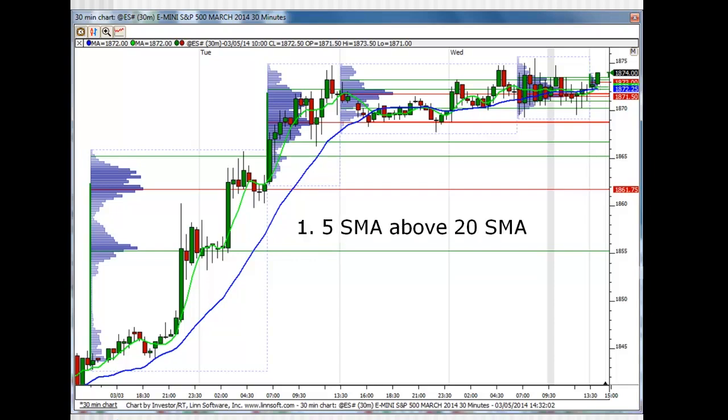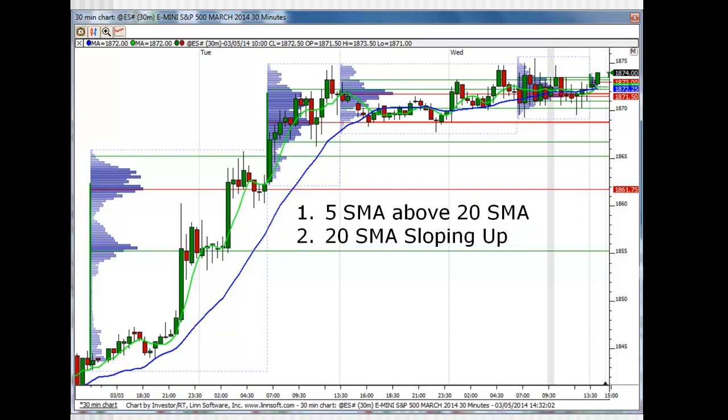How do we spot and how do we identify these wonderful spoon-fed trades, if you will? The first condition is you need to have the 5 simple moving average above the 20 simple moving average. Second, the 20 simple moving average needs to be sloping upwards. You don't want it to be flat. Of course, you don't want it to be the opposite, sloping downwards.